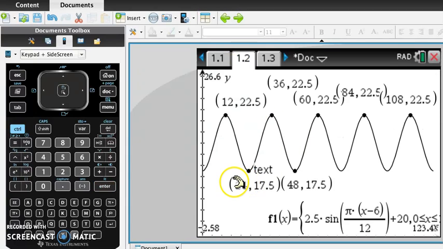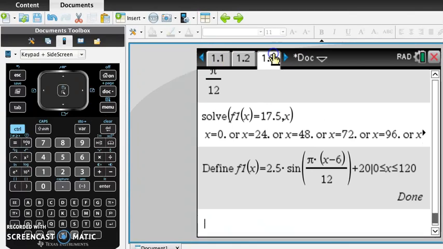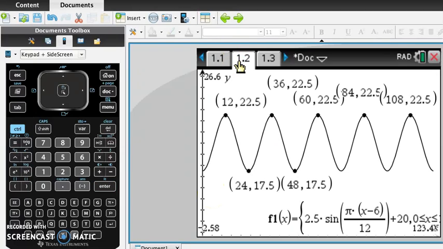The endpoint is at 120, so I could just do f1 of 120, 17.5, so that's good. So now I've got my graph. The maximum temperature inside the building during the week is 22.5 degrees. The minimum temperature inside the building during the week, 17.5 degrees.